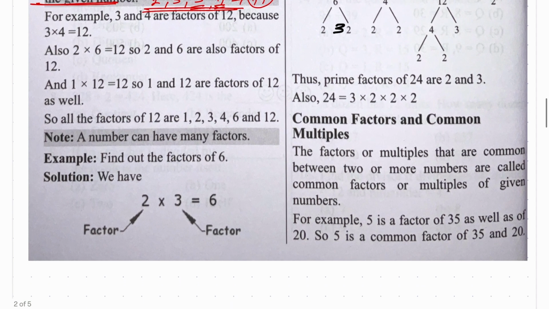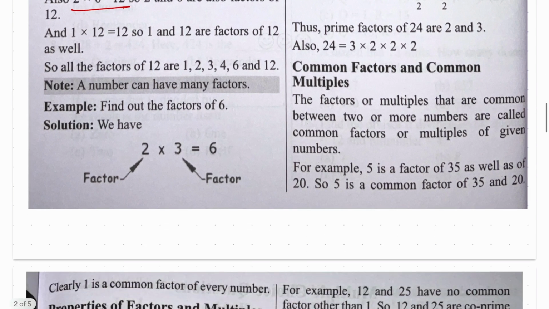For example, 3 and 4 are factors of 12. Is it so? Yes, because 3 divides 12 and 4 divides 12. Then 2, 6, 12 as well. 2 and 6 are also factors of 12. So in this manner, these are the factors.